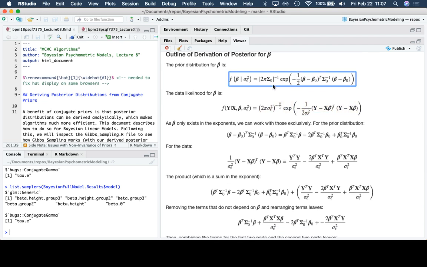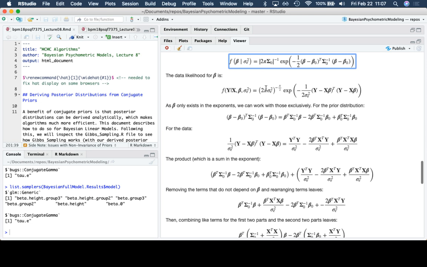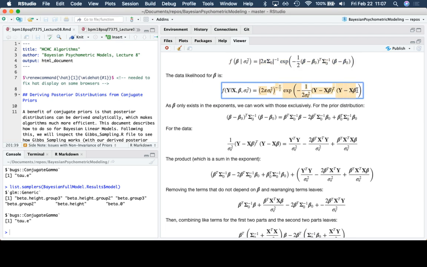And when we multiply the two together, we can get rid of anything that doesn't involve beta, right? So there's a bunch of stuff that shows up that doesn't. We can get rid of that ahead of time. Really, what we're working with is this term right here and this term right here, the exponent part itself.